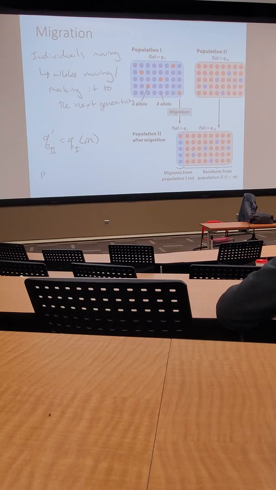So M is the migrant number divided by the population, but it's the new population. And then you're adding the rest of the population, the population that was already there that now received the migrants.